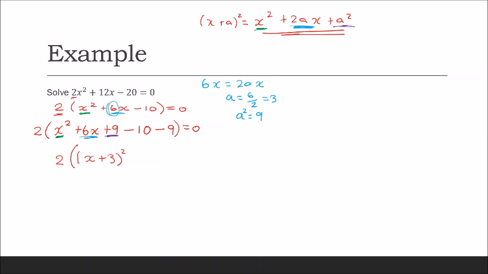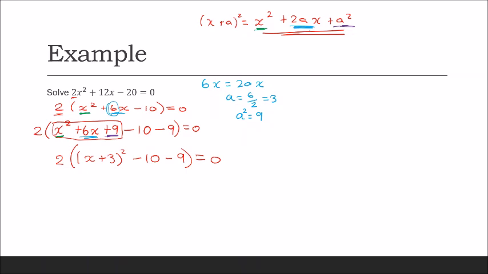This original bracket is still there. I'm just collecting the part that I've squared off, that is my (x plus 3) squared. And then I just have a minus 9 and a minus 10 left over as well. From here I can add up this bit, that would give me minus 19. So I'm going to get 2 lots of (x plus 3) squared minus 19 is equal to 0.